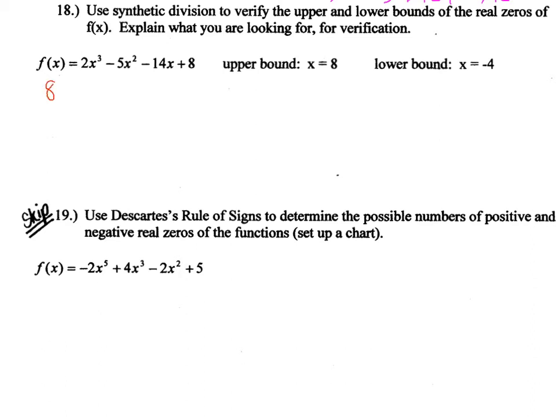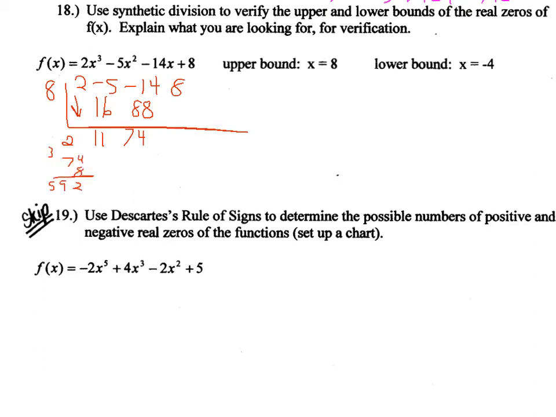So if I use synthetic division with 8, I should get all positive numbers on the bottom in order for it to be an upper bound. And 8 times 74 is a really big number. It is 592, so we get 600. So since they are all positive, we know that 8 is an upper bound.